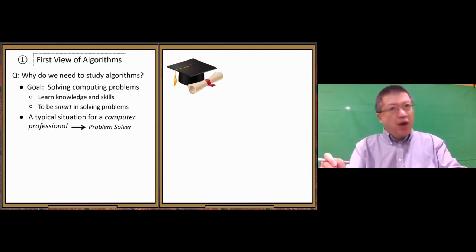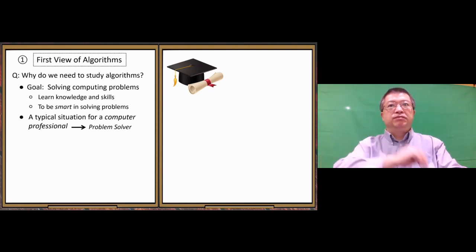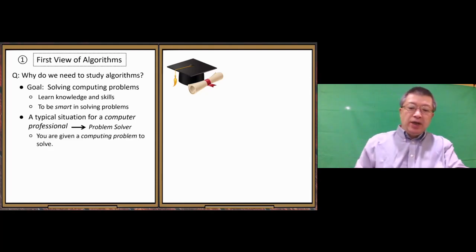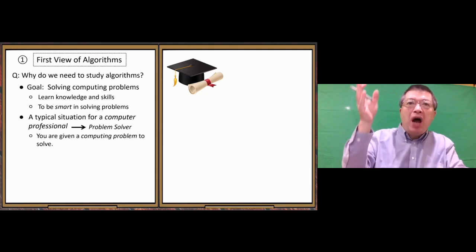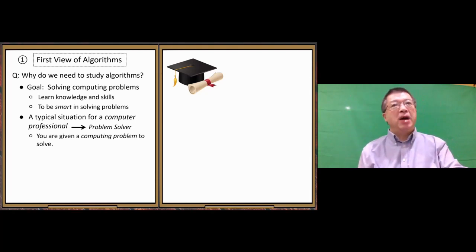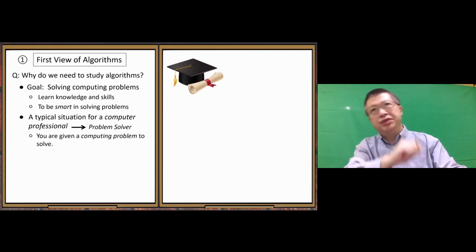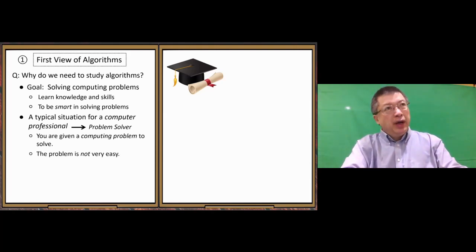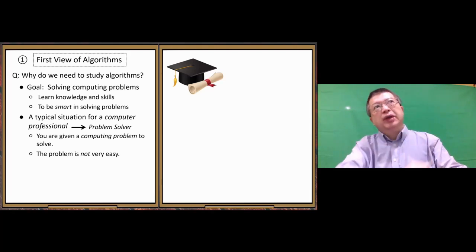As a problem solver, now we need to get some ideas. How can we be a good problem solver? You are given a computing problem to solve. Usually, you need to pay a lot of effort when a problem is not that easy.